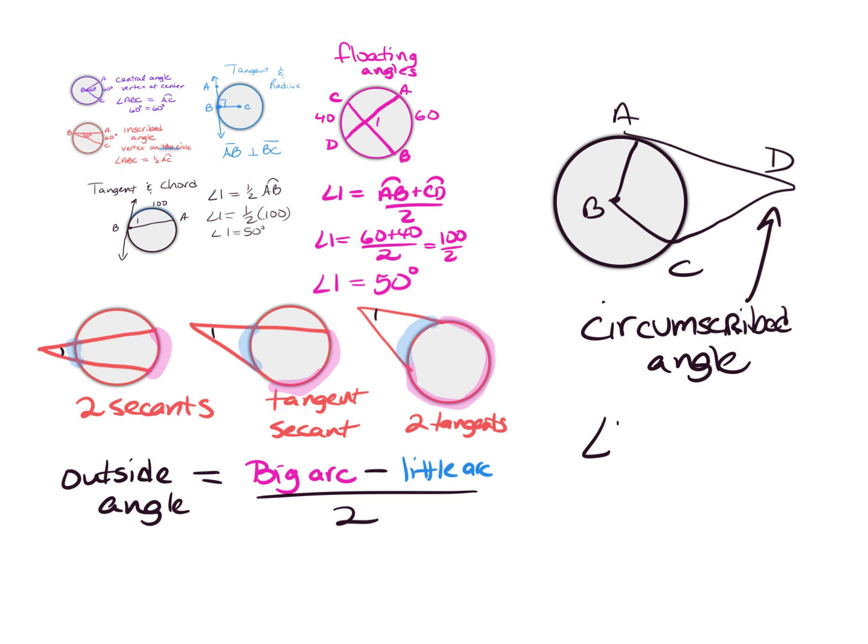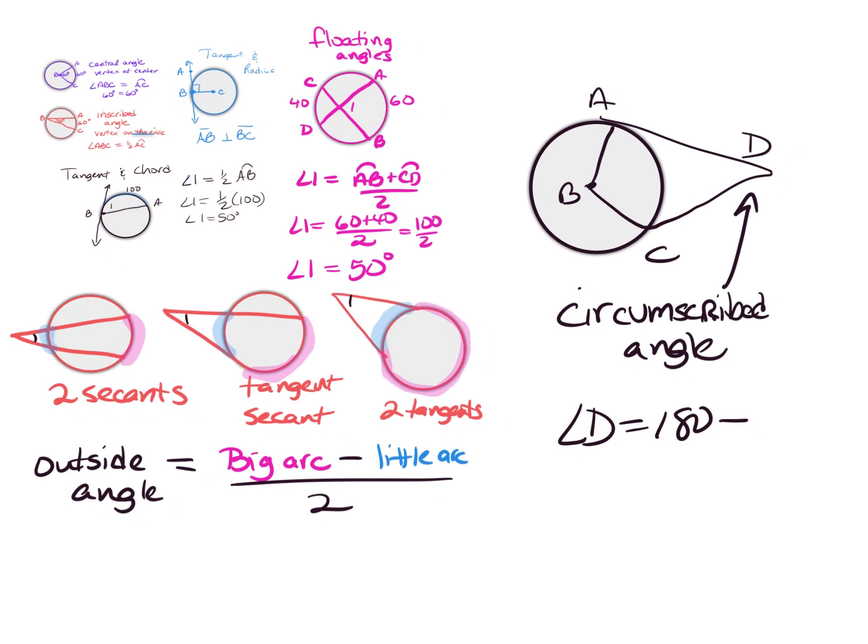So angle D is just going to be 180 minus the central angle with the same intercepted arc.